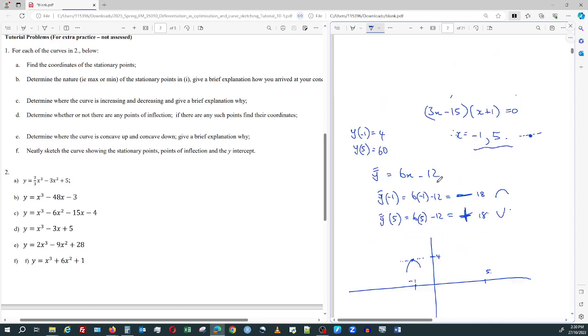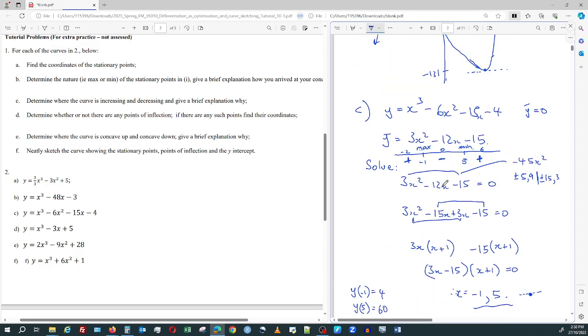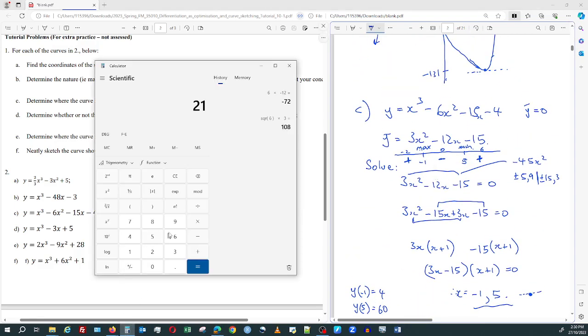Let me just check that, because that feels wrong, doesn't it? I did do 5 up there. Let me do that again. Doesn't take that much time, does it? Just a little bit. So 5 to the power 3 is equal to 5 squared times 6 minus. That to the memory. 5 times 15 minus.